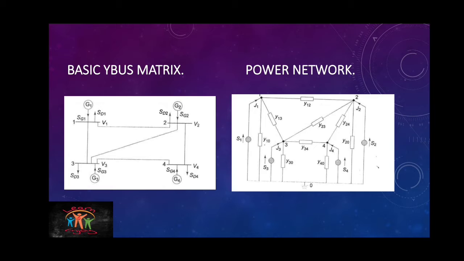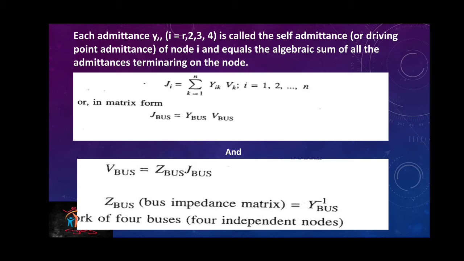Okay, reference node 0 is there, and I draw this type of figure. Now when we call y11, y11 means what? Admittance connected with node 1.